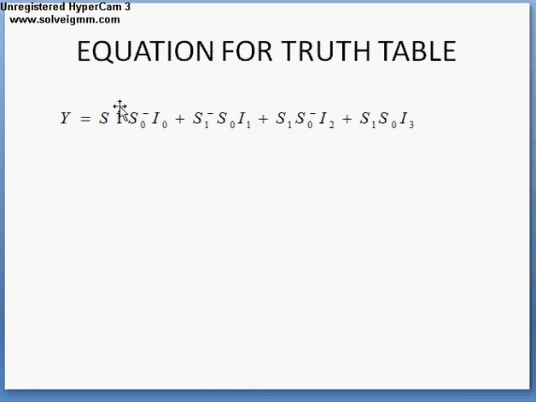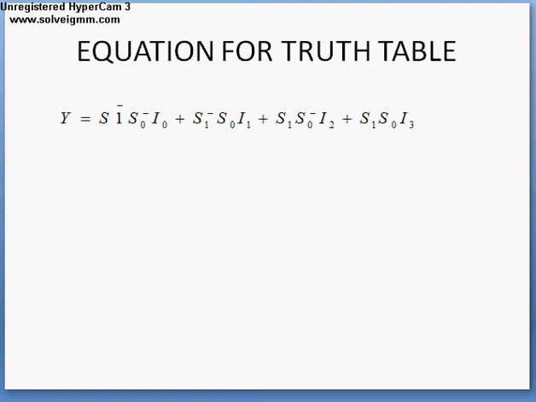When there is a bar, like S1 bar, you represent it by a NOT gate. When there is a multiplication term, you represent it by AND. As you all know, AND is used for multiplication. And when there is a plus sign, you can represent it by an OR gate.